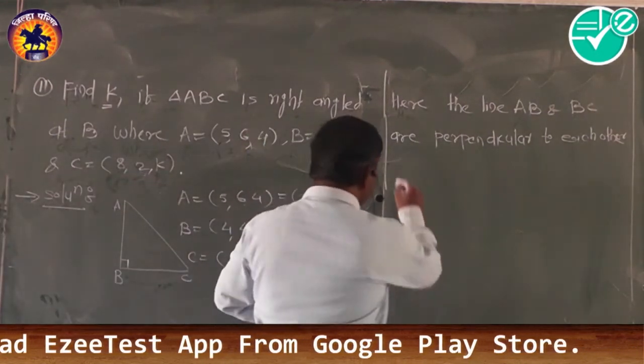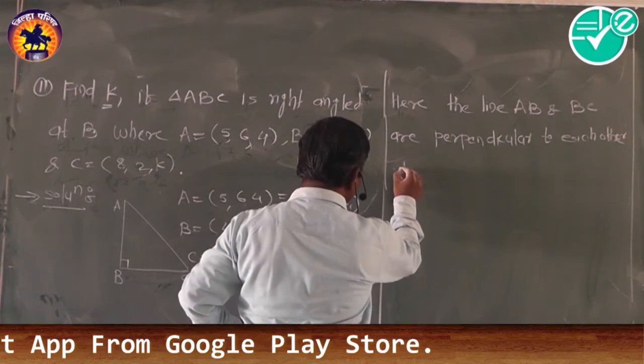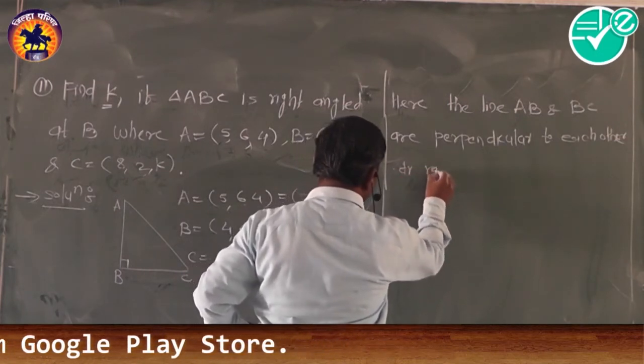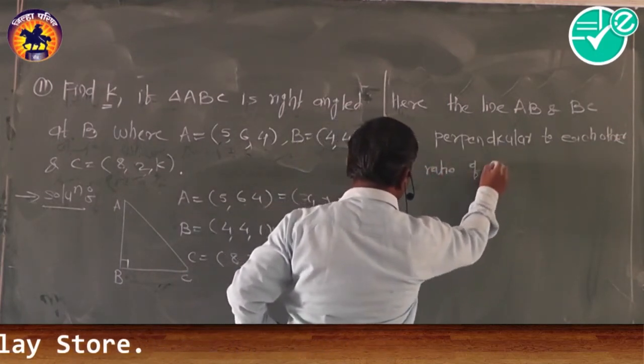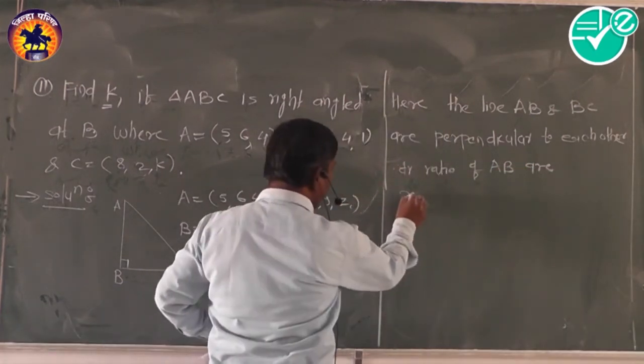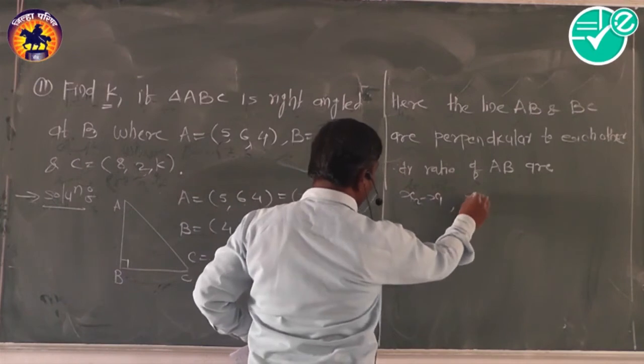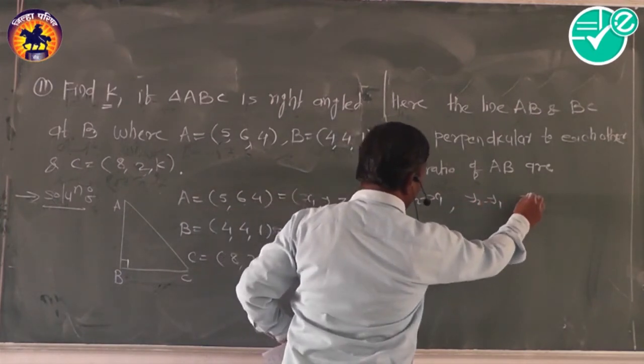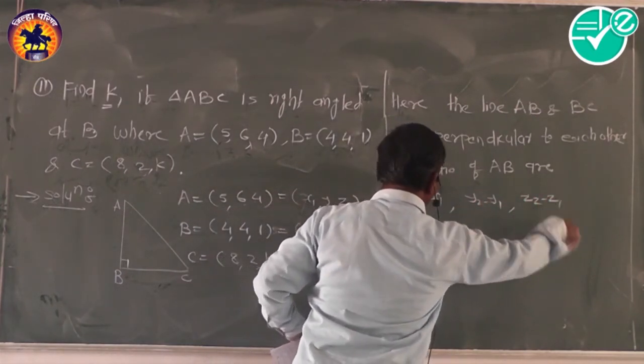Therefore the direction ratios of AB are x2 minus x1, y2 minus y1, z2 minus z1.